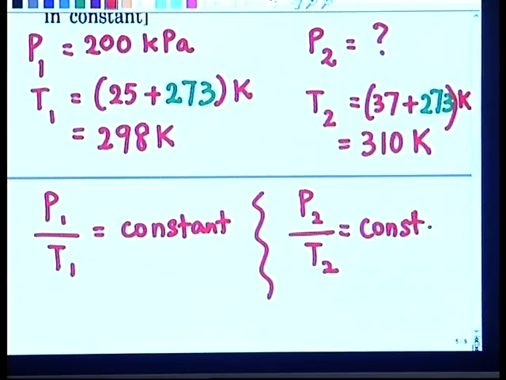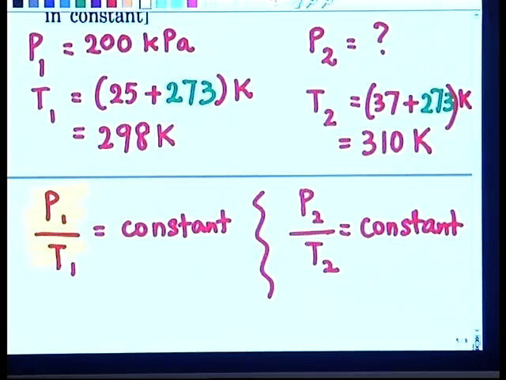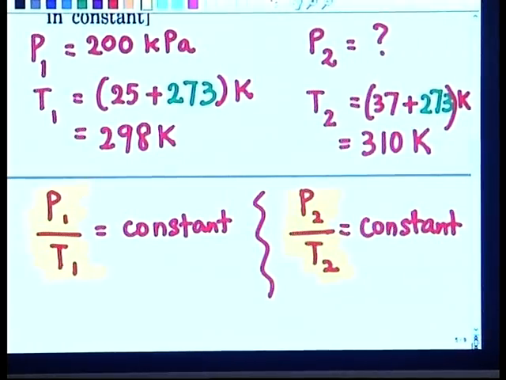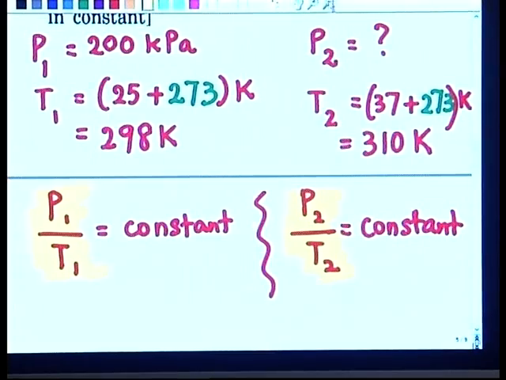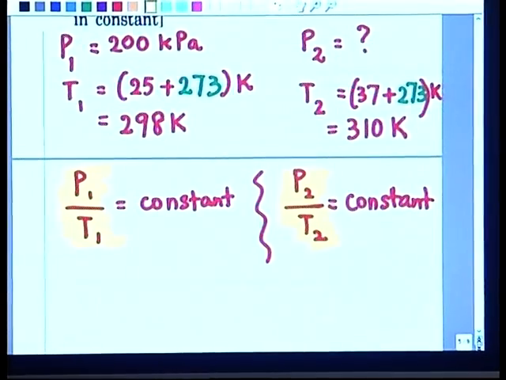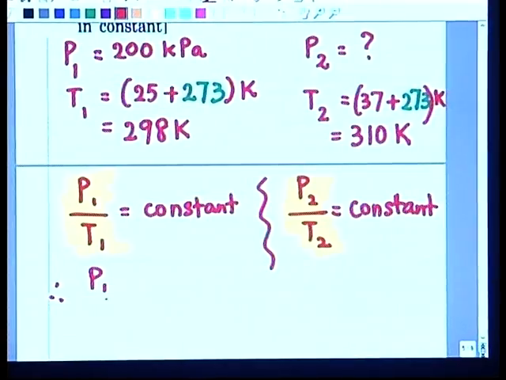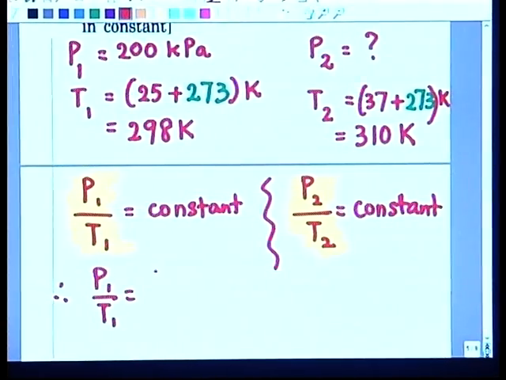So I will equate both sides. So P1 over T1 equals to P2 over T2. So from here I will do my calculations. Alright, I will put in the values now. I will write it down. Therefore, P1 over T1 equals to P2 over T2.